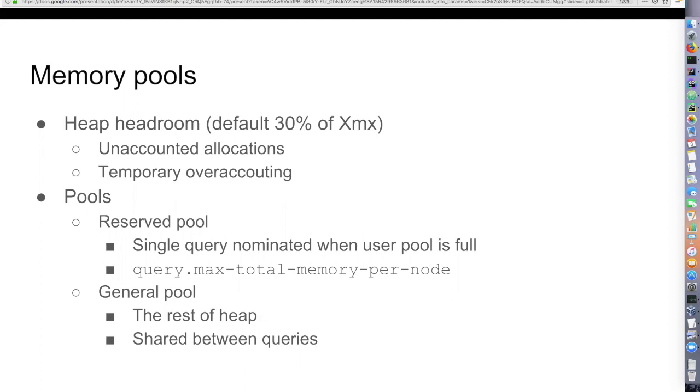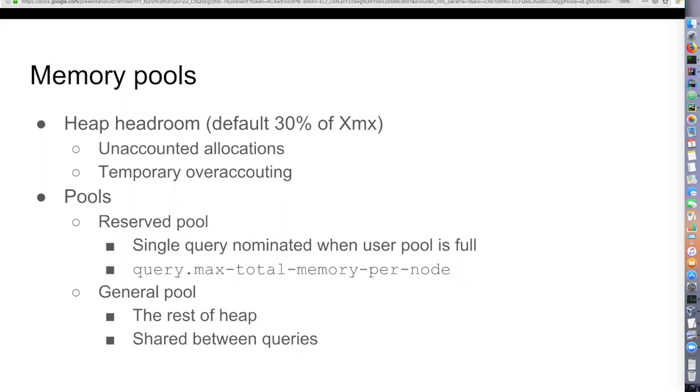And apart from heap headroom, there are pools, and there are two types of pools. There is a reserve pool and a general pool, and the general pool is where the queries take memory in normal circumstances. So this is a shared pool between queries.